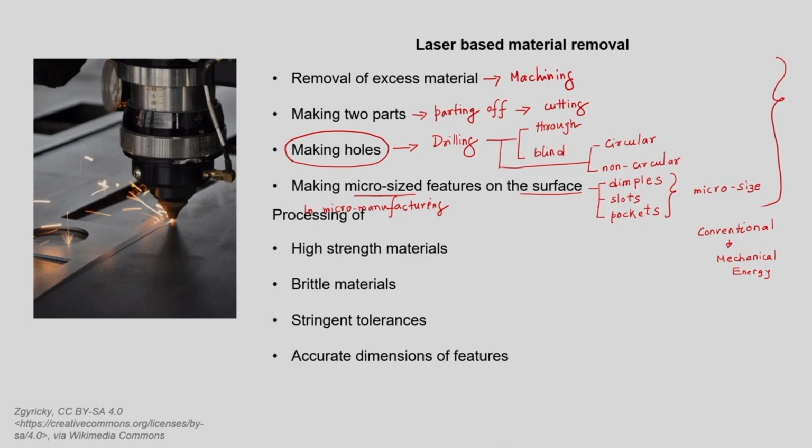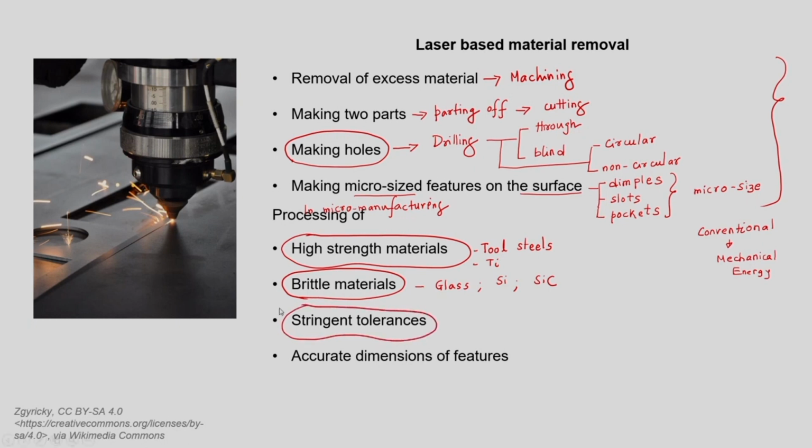But consider a case when we want to process high strength materials such as tool steels, high strength alloys, or biomaterials such as titanium, or we want to process the brittle materials such as glass or semiconductor materials such as silicon or silicon carbide, and we need to achieve the stringent tolerances on the design.